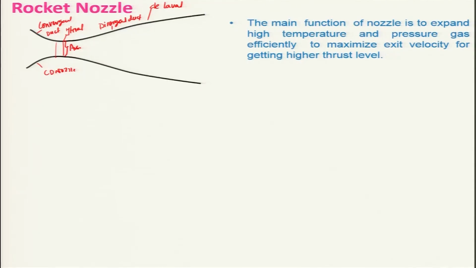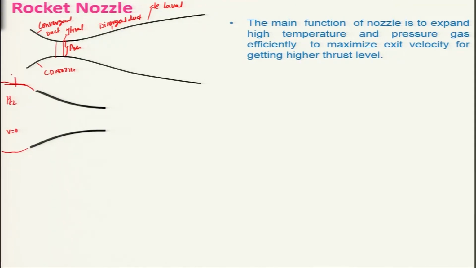So, a question might be lurking in your mind: why this convergent and divergent portion? Why can we not have a nozzle with only the convergent portion? Let us look at why it is so, considering that this is connected to a reservoir with the velocity almost 0, because the area is much higher, and the pressure is, let us say, PT2.